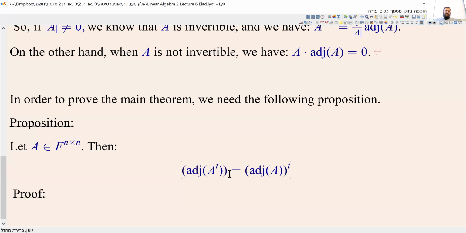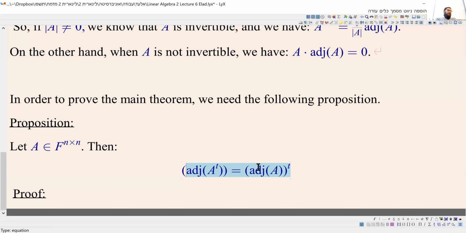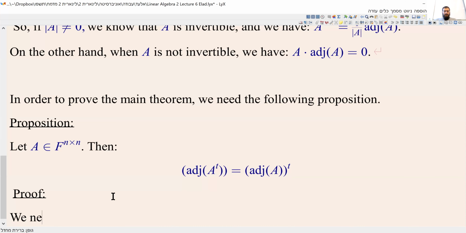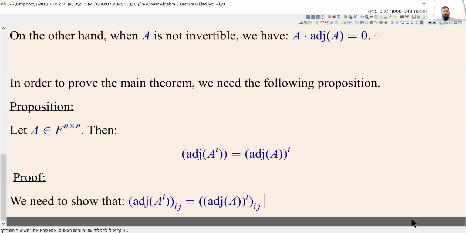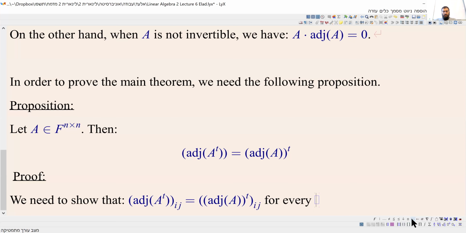We discuss an equality between matrices, so we know we have to work per element. What we actually need to show is that the ij element of the adjugate matrix of the transpose matrix of A and the ij element of the transpose of the adjugate matrix of A are the same for every i and j.